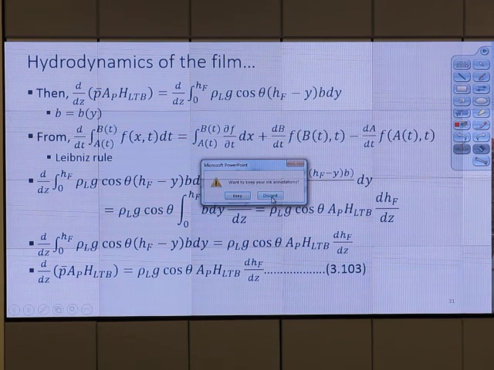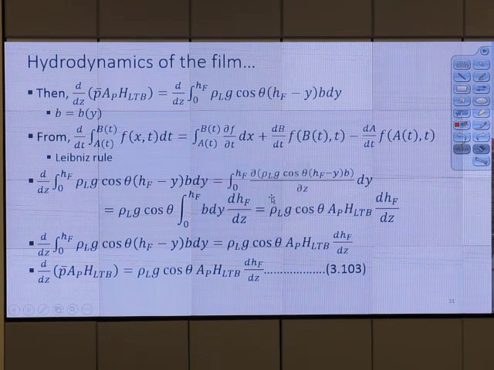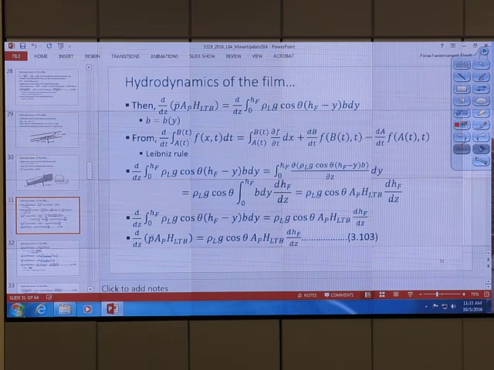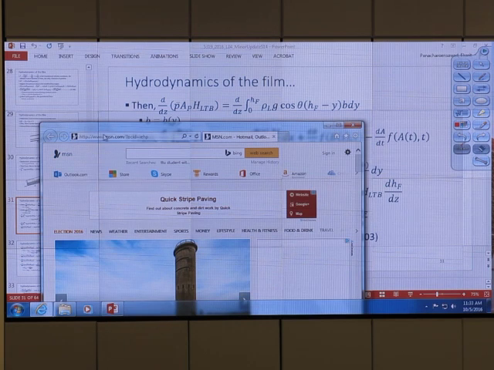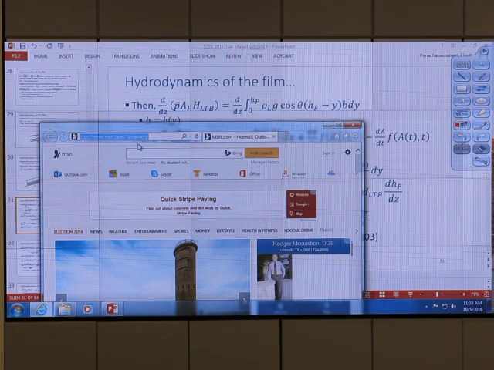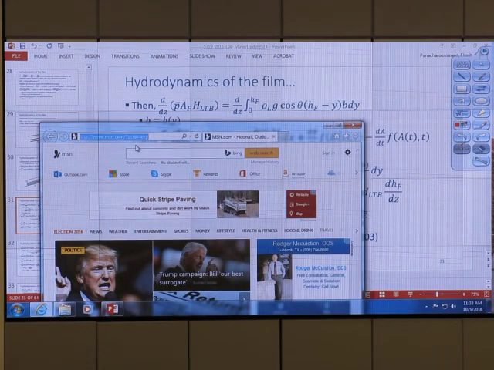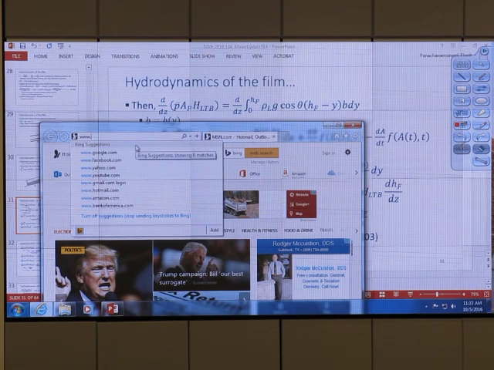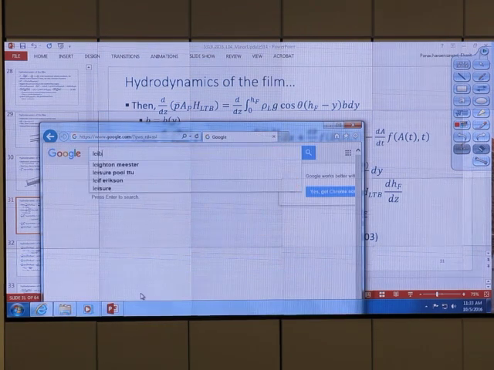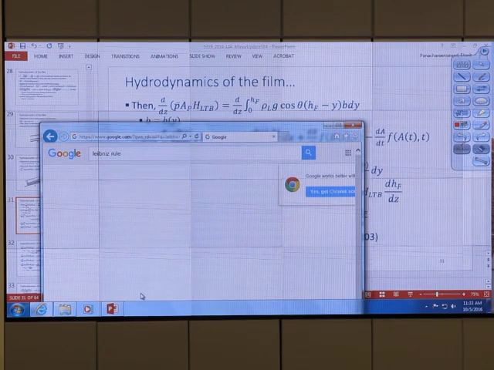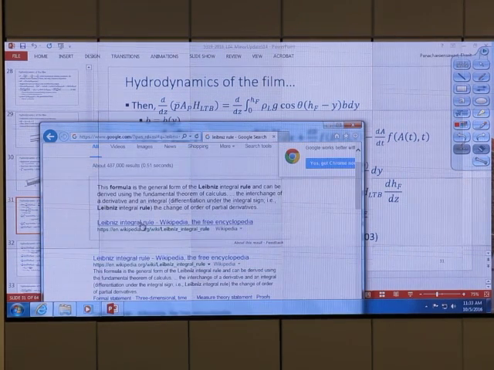How do you check if my slide is correct? Google it, let's Google it. Don't use Bing, okay? Leibniz rule.